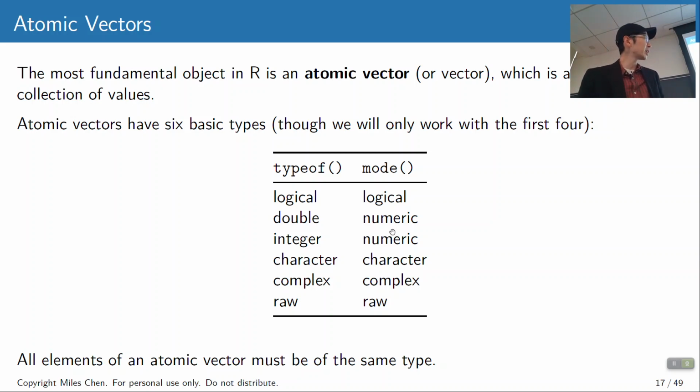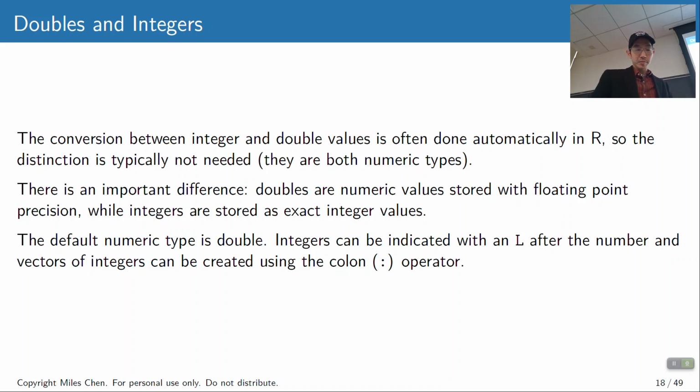The mode of logical, integer and double is numeric, and then the rest are the same as their type. R automatically converts between integers and doubles, and so you often don't have to worry about this. This is in contrast to other languages like C. C is strongly typed, and you have to explicitly say, here's a bucket that's going to hold an integer, and if you try to put a floating point number into that integer, it's going to either truncate that number or error out, or other different things.